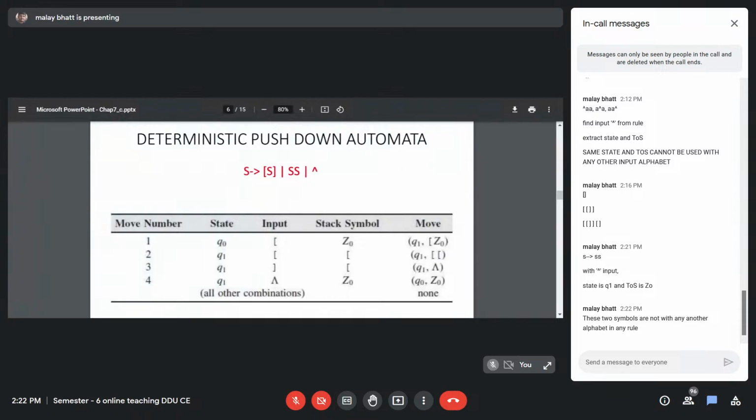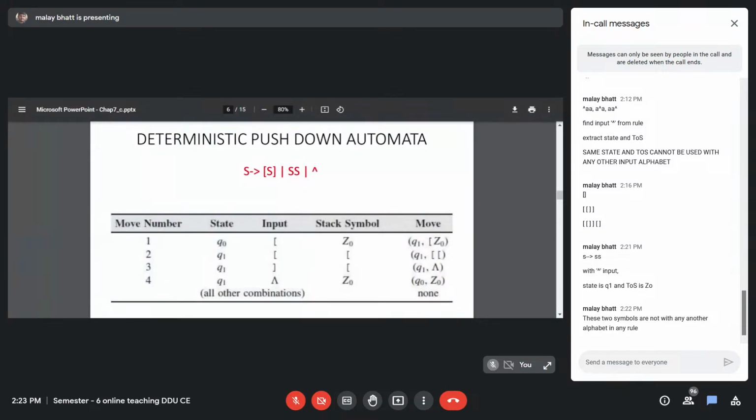You can see Z0 is there, but Q1 is not with it. Q1 is there, but Z0 is not with it. So this Q1 Z0 combination is not in any other input alphabet in any rule. So it is a deterministic PDA.